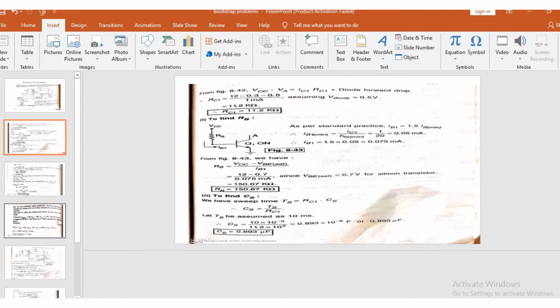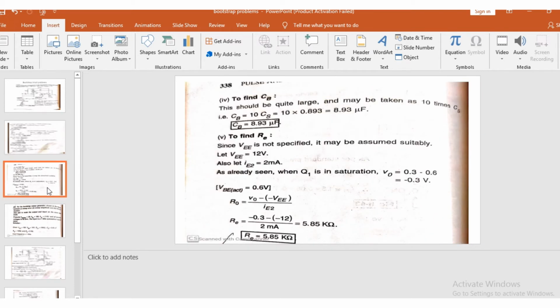Next we have to find CB. Normally the general assumption is that the CB value is very high and it is taken as 10 times the value of CS.